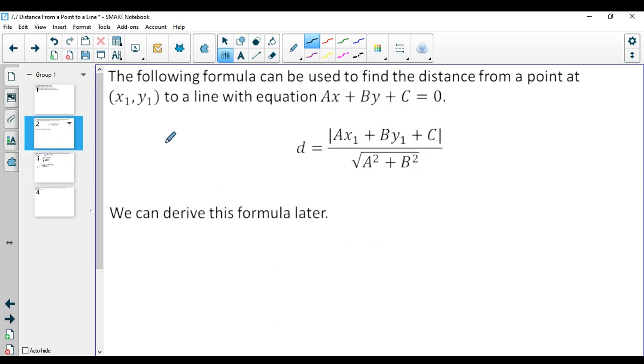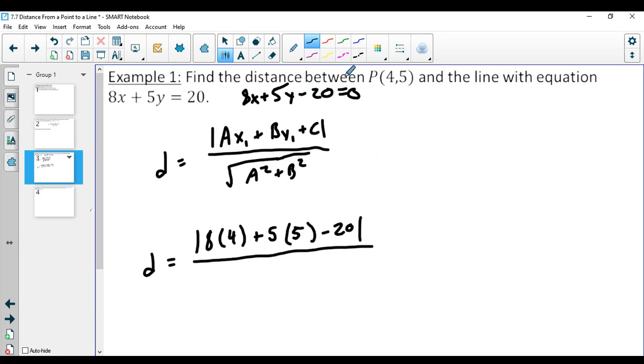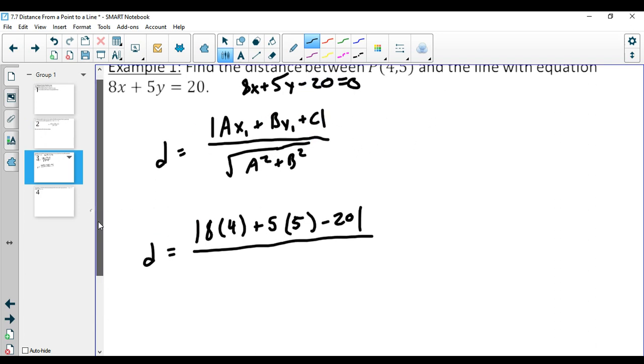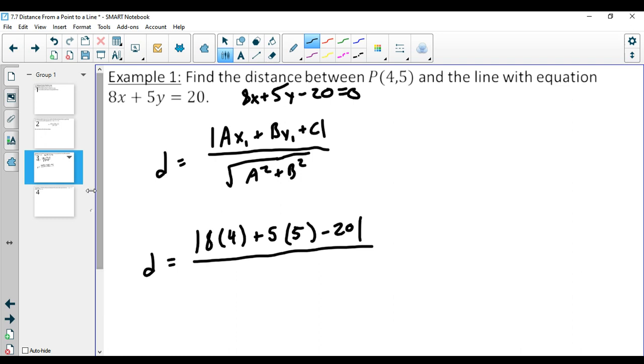Because here it says plus c, but if we have minus 20, it'll be minus 20. The little details will get you in math. And then all over the square root of a squared plus b squared.